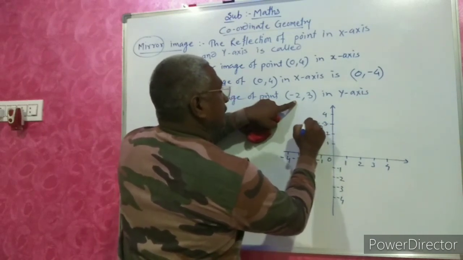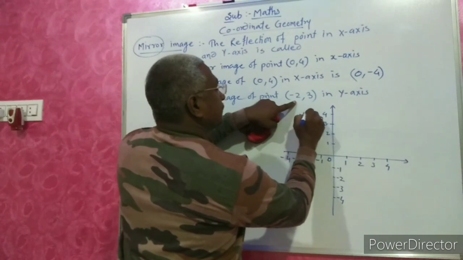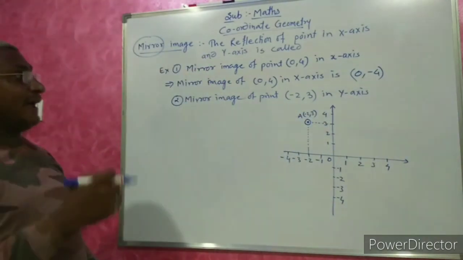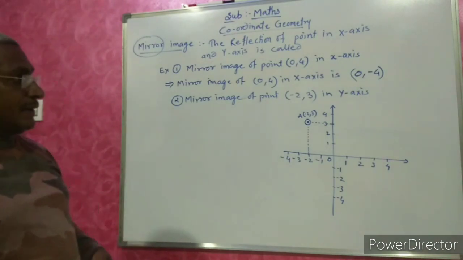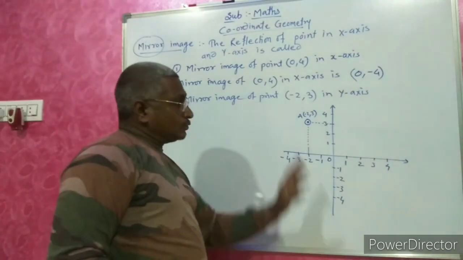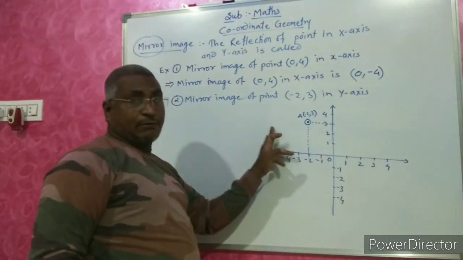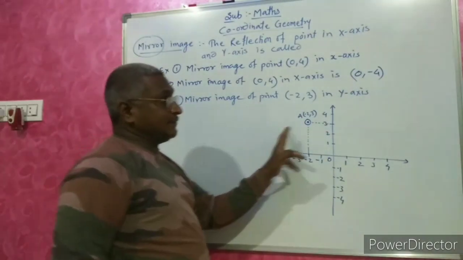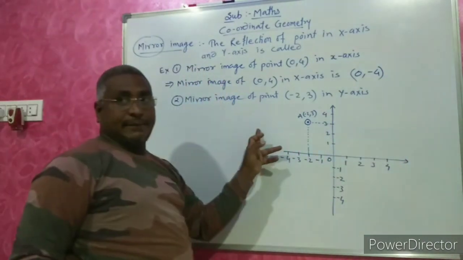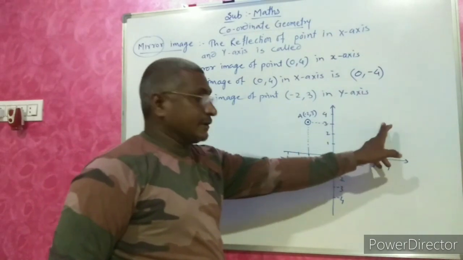The point is here. We have to find its mirror image in the y-axis, so the y-axis is the mirror. The point is in the second quadrant, so we will get the image in the first quadrant.